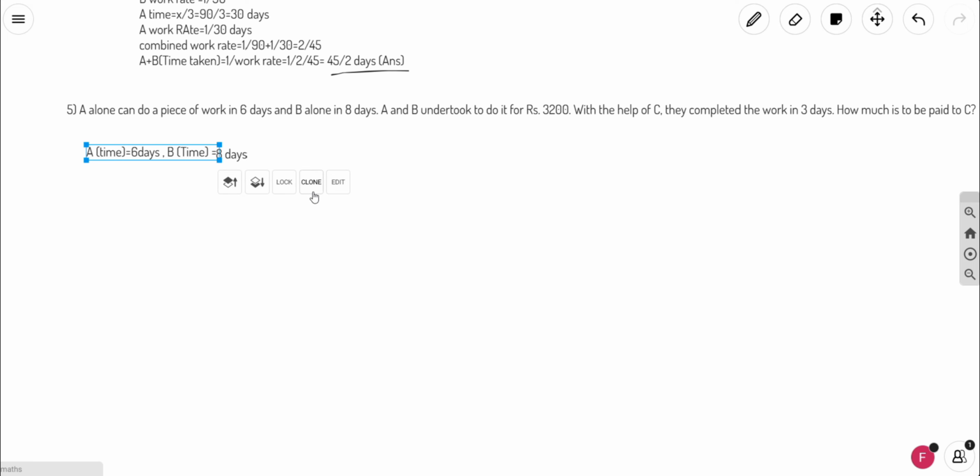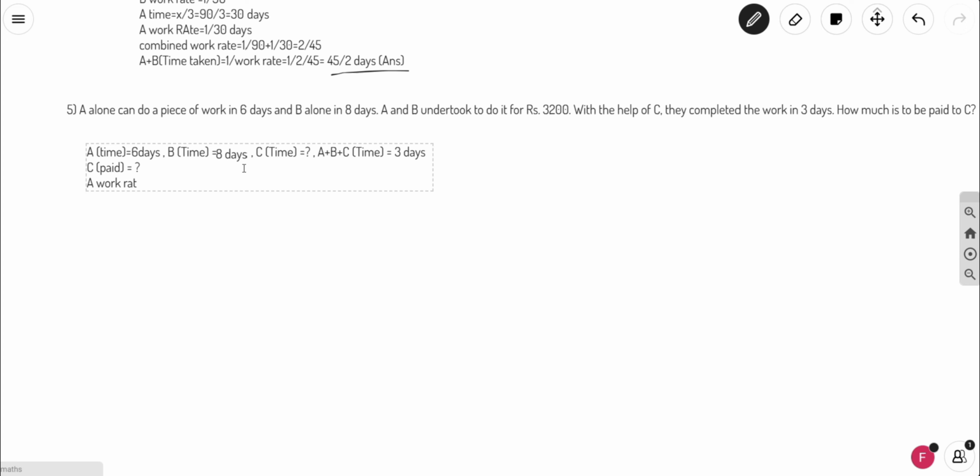We have to find C's time, and A plus B plus C's time is 3 days. We have to find what C is paid, and we do not have C's time either, so first we have to find C's time, then we will know how much C is paid.